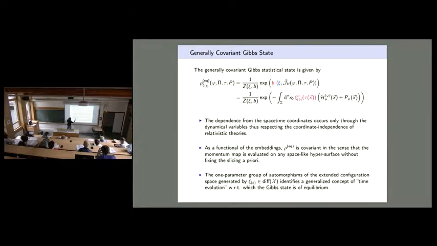Okay. So this Gibbs state now has a beta, which is a real temperature. And the energy is not the momentum map, but the co-momentum map, which is what we expect, because it's a scalar. So we have a scalar Lagrange multiplier and a scalar object, which is a co-momentum map.